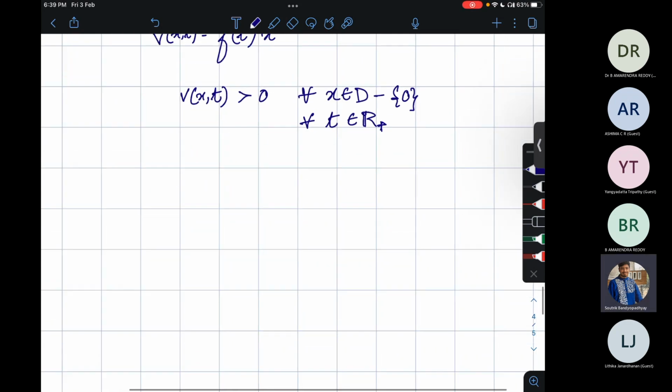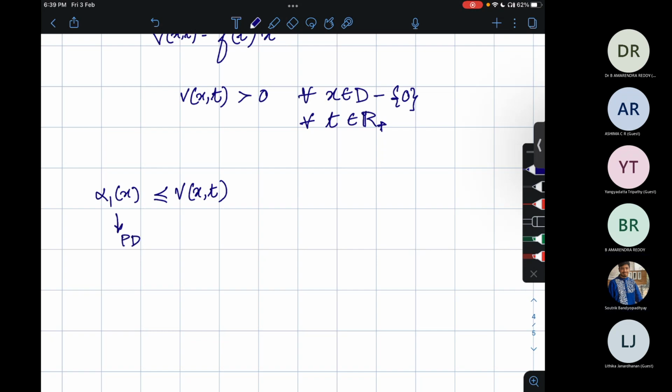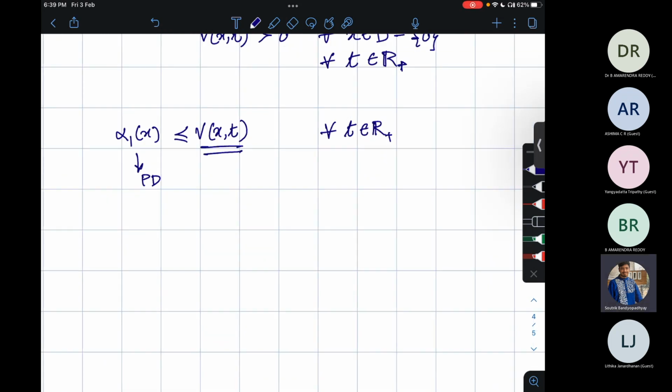But if you can show that V of x comma t is greater than some alpha 1 of x, where alpha 1 of x is positive definite for all time t, then this is also positive definite. This is very simple to observe, because if this is greater than 0, then this, which is greater than that quantity, is also greater than 0.